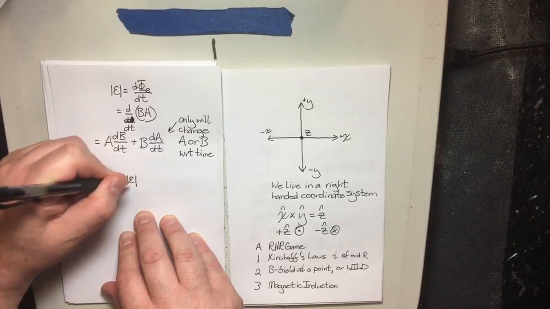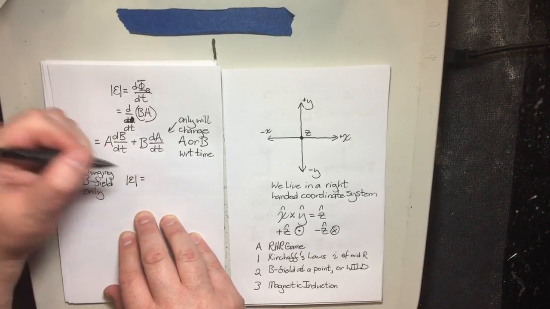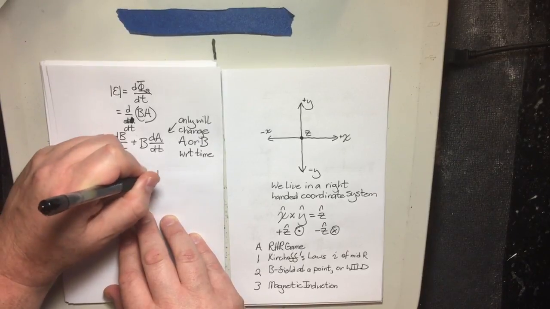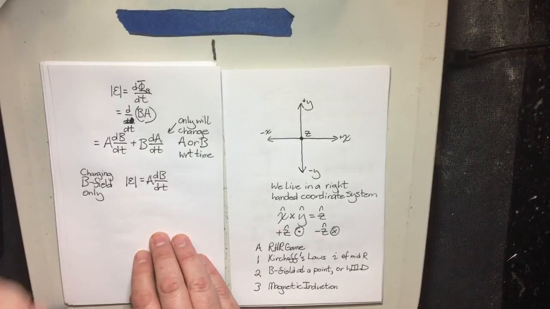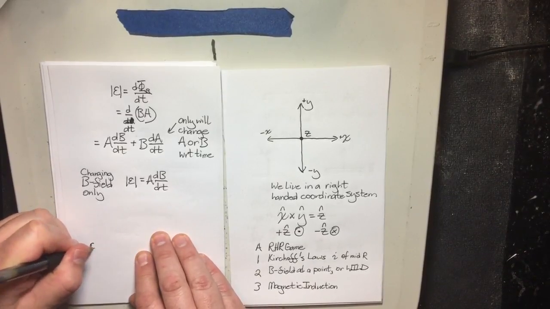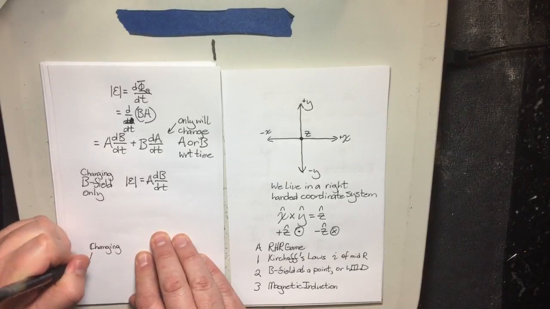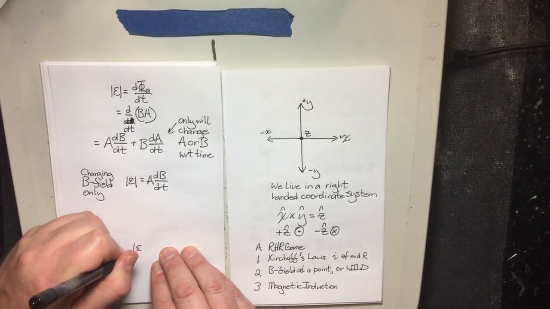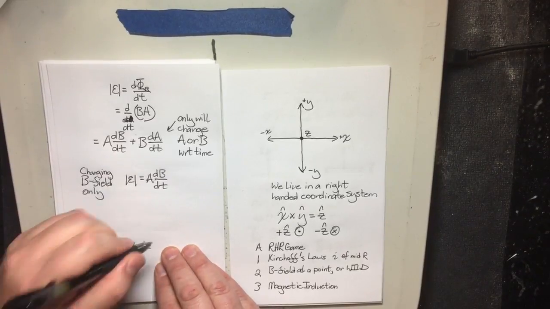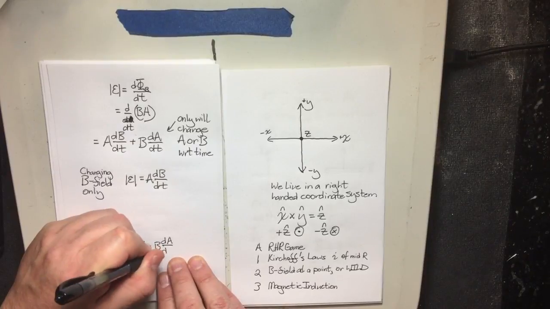So for a changing B field only, the magnitude of the electromotive force is A dB dt. And if it is a changing area only, the electromotive force will be B dA dt.